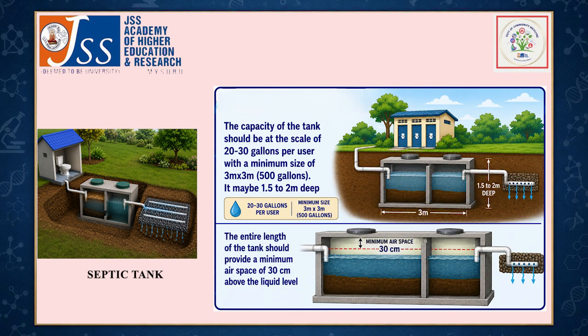The capacity of the tank should be at the scale of 20 to 30 gallons per user with a minimum size of 3 meter by 3 meter, 500 gallons. It may be 1.5 to 2 meter deep. The entire length of the tank should provide a minimum air space of 30 cm above the liquid level.